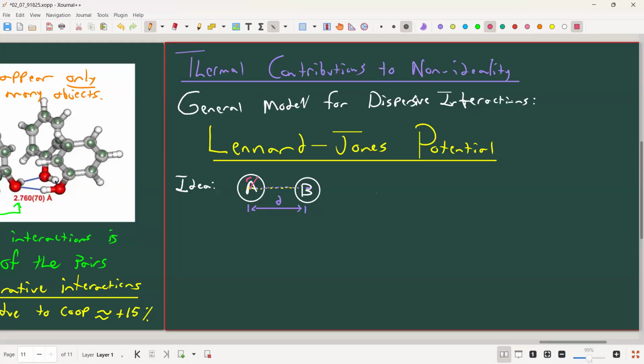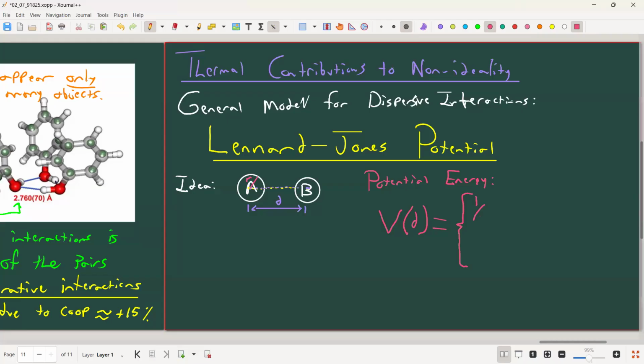And what I'm going to say is that this interaction has a potential energy. And there are two options. So the potential is a function of the distance. The potential has a limit when we're really close together, and a form when they're far apart. So there are two different potentials.